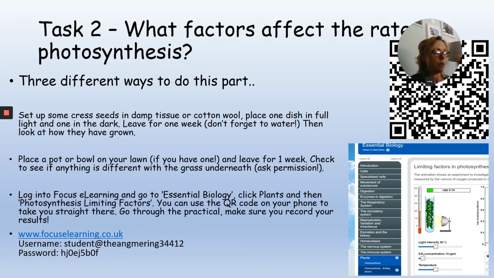Just put them into some damp tissue or cotton wool, because that reduces mess, particularly if you've got cats like I do. If you put soil in anything, it ends up absolutely everywhere. So cotton wool or tissue is absolutely fine for something small like cress or something similar, and they'll germinate or grow really, really happily in there, as long as they're well watered.